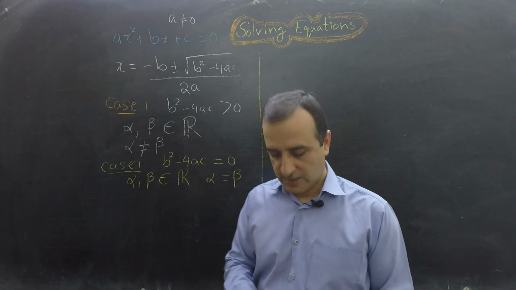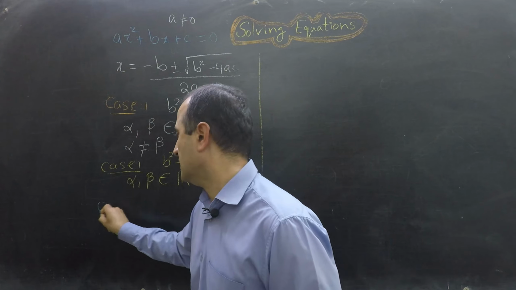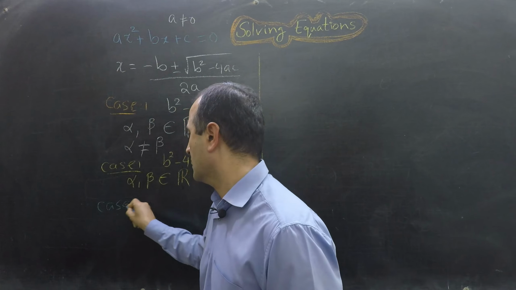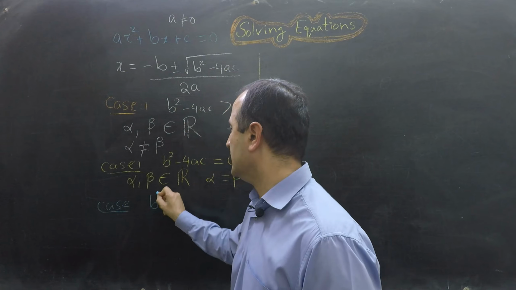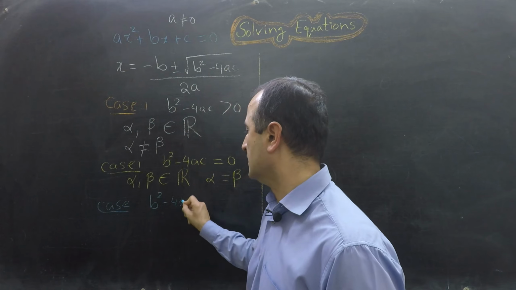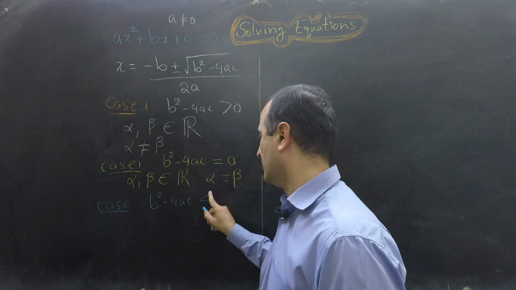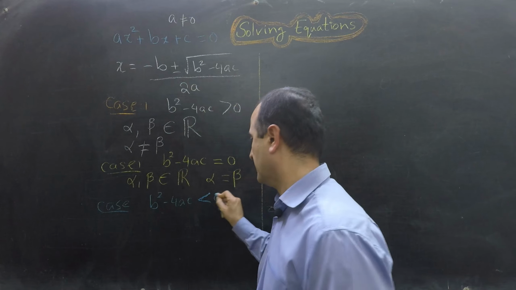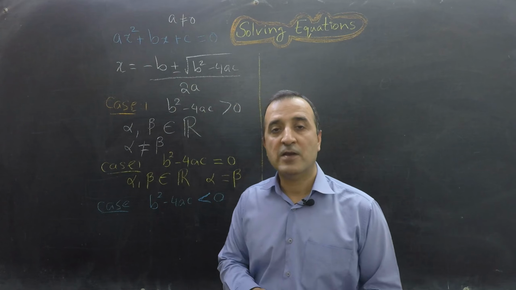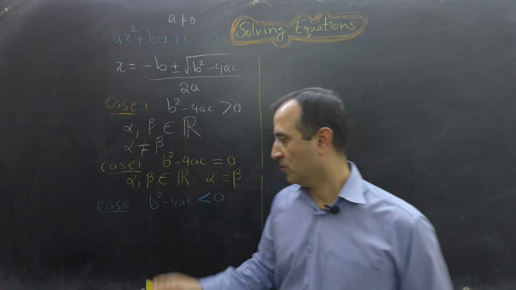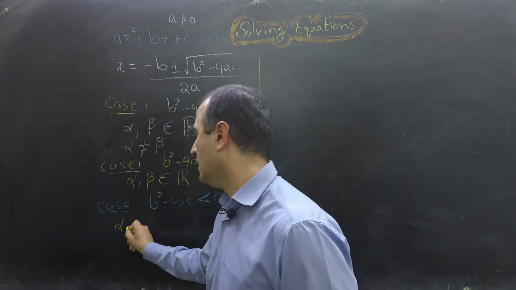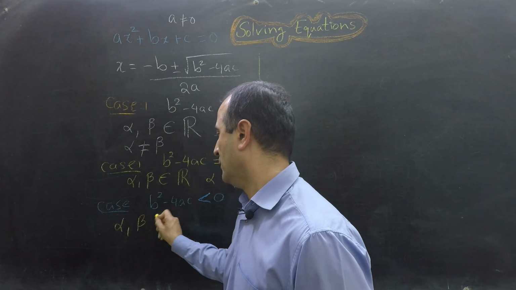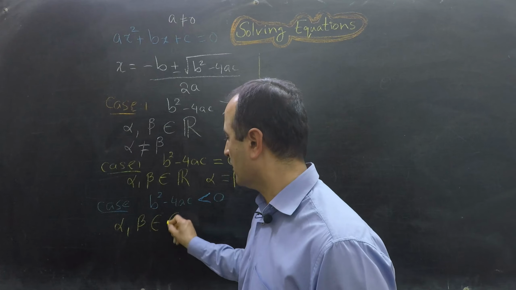In case 3, my value of b square minus 4ac is less than 0. In this case, I will have complex roots. So my two roots alpha and beta belong to the set of complex numbers.